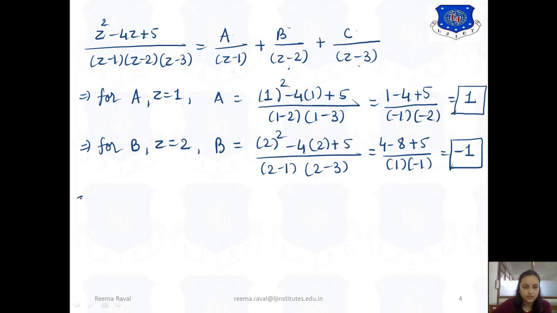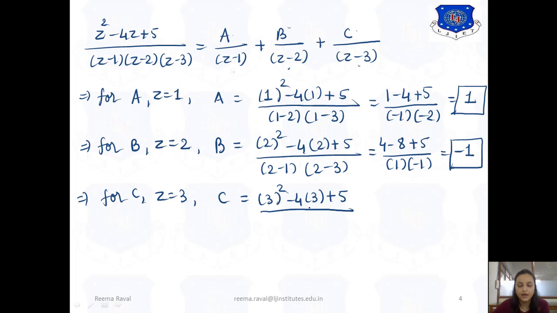Now for C, we will take z equals 3. So C will be equal to 3 squared minus 4 into 3 plus 5 divided by (3 − 1)(3 − 2), right?